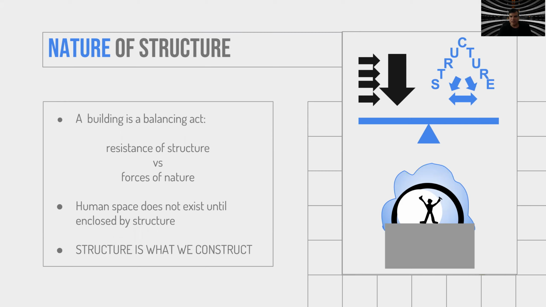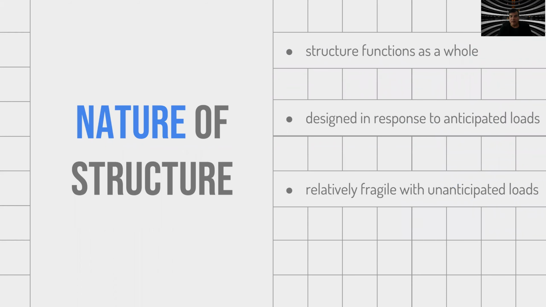I mean, the resistance of the structures versus the force of nature, that make a human space that will not exist unless and until it's enclosed by a structure. Structures are everything that we construct. Everything that we construct has a nature.